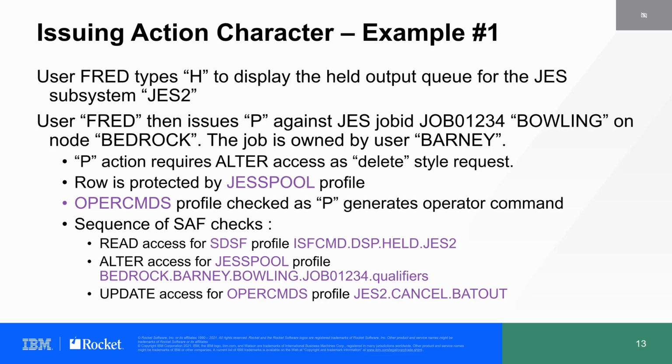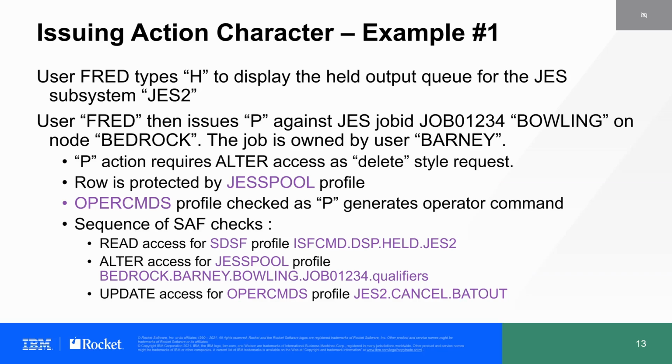Okay, and that job apparently is owned by a user called Barney. So the P action on the row, that's going to try to change something, delete something, so he's going to need alter access to that row, because its output is protected by a JES spool profile.